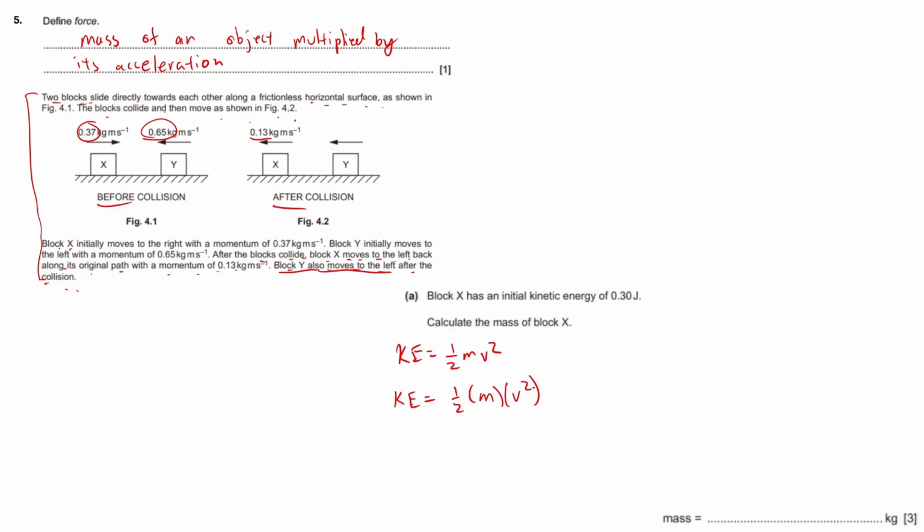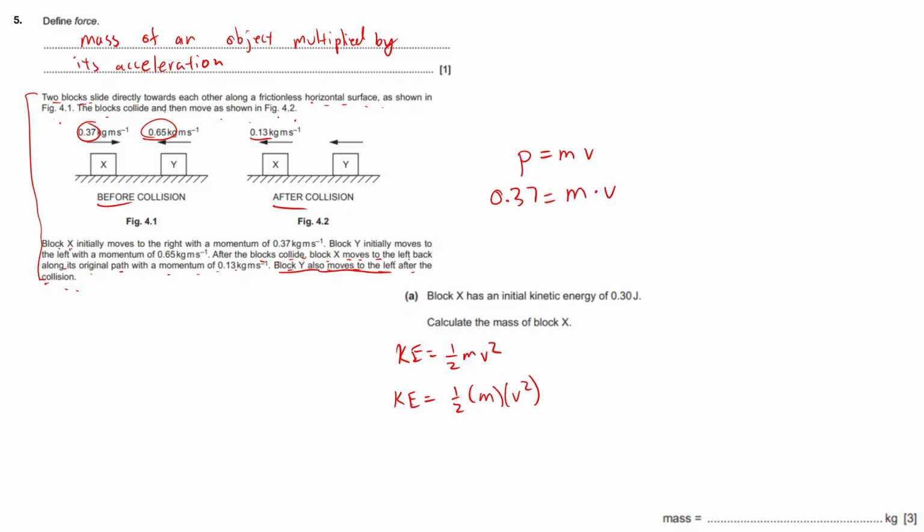And you have to use the formula of momentum, right? So the formula of momentum is going to be P is equal to mv, where it's mass times velocity. In this case, P is going to be 0.37 initially for block X, and that's going to be equal to mv.